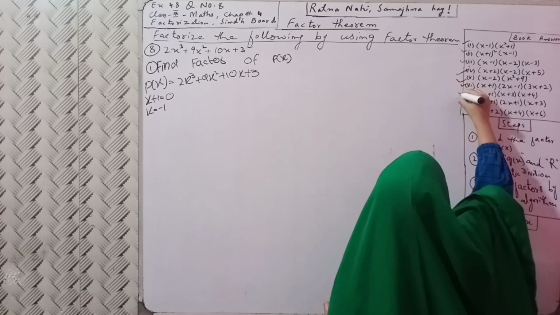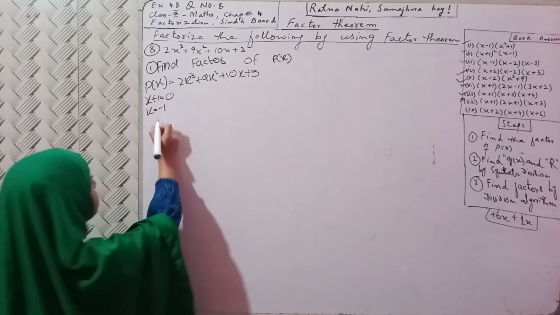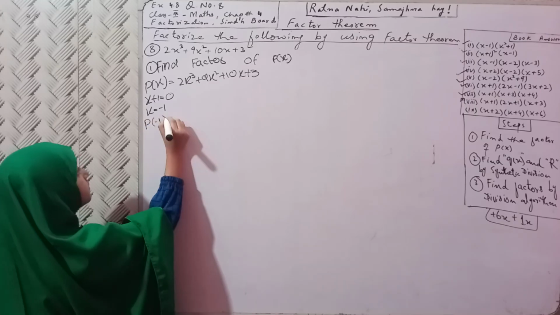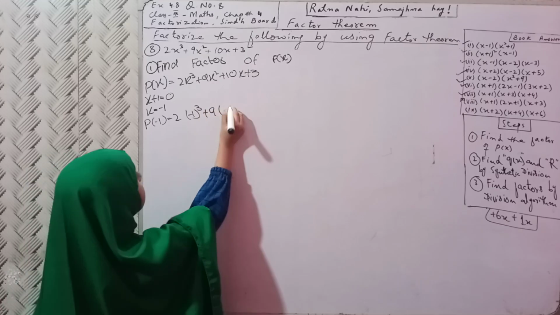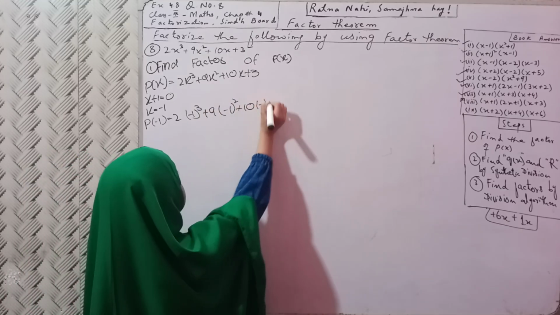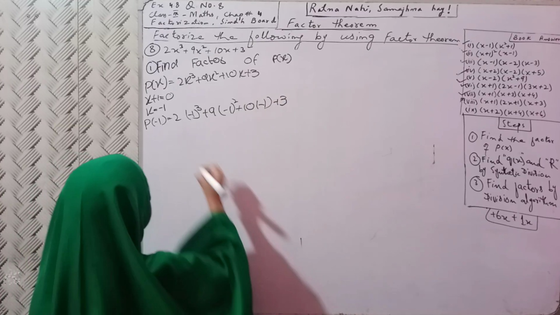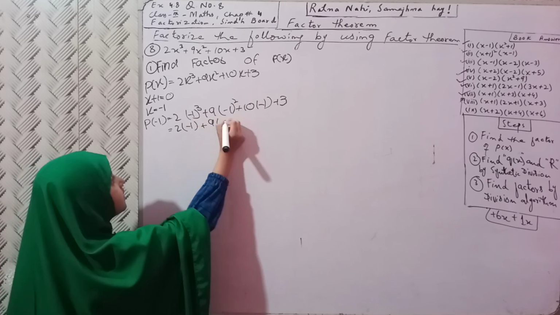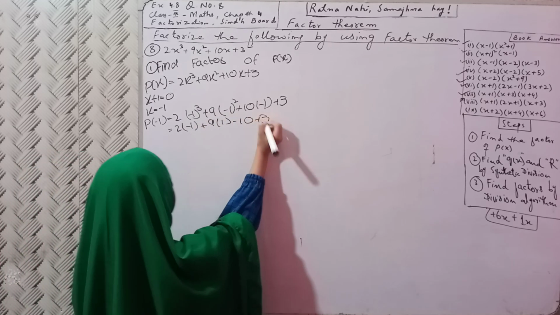Now we will put values: 2 times minus 1 cube plus 9 times minus 1 square plus 10 times minus 1 plus 3.